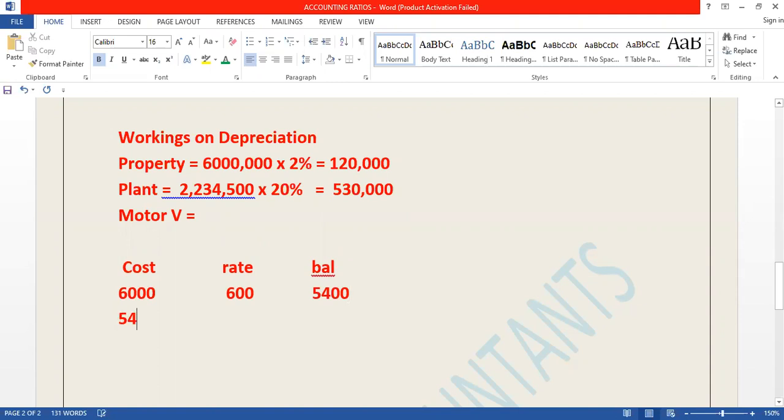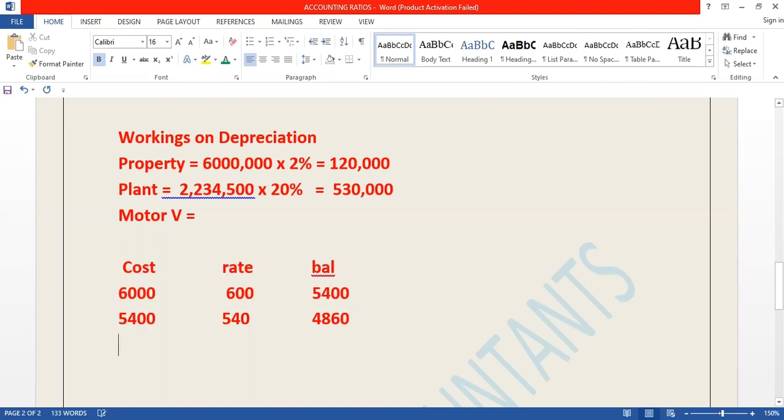You bring that figure here. You charge another 10% on it. What is 10% of this? That should give us 540. What's the difference? 5,400 minus 540. What do you get? 4,860.